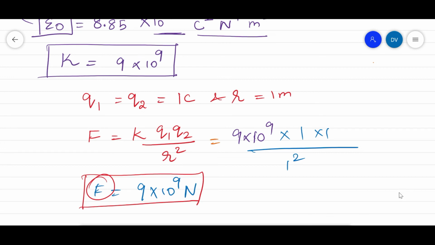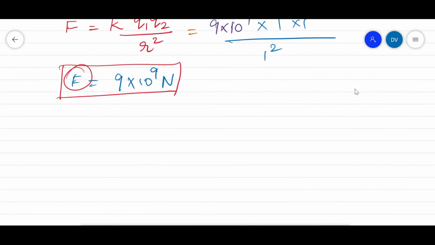Okay. So now with this we can define 1 coulomb. Please follow this. They might ask you to define 1 coulomb.